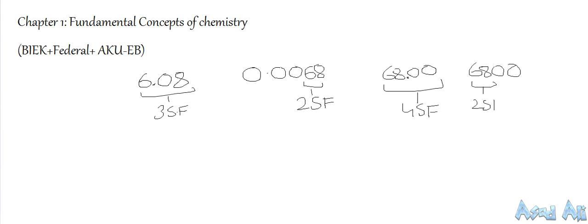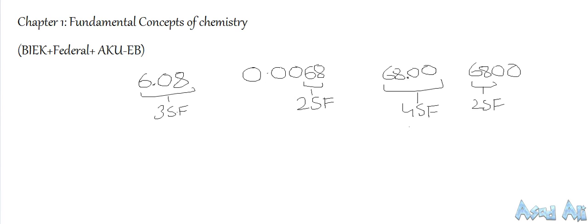Also, significant figures determine the accuracy of the instrument. Suppose the weight machine measures in the order of hundreds, there will be two significant figures. But if it measures in the order of tens, there will be three significant figures.